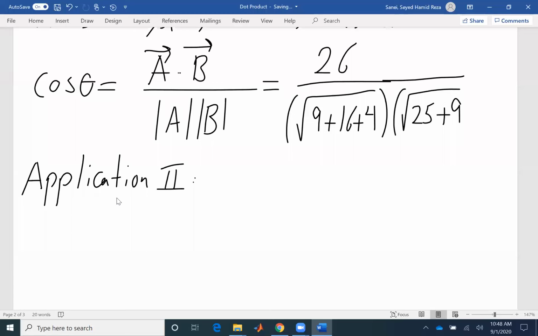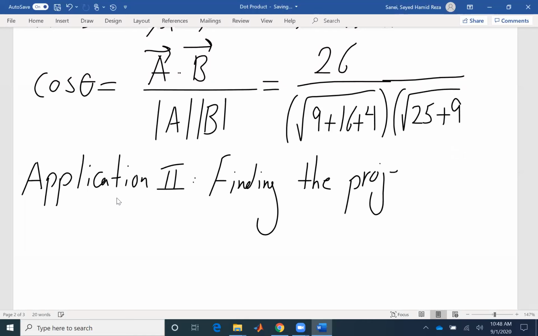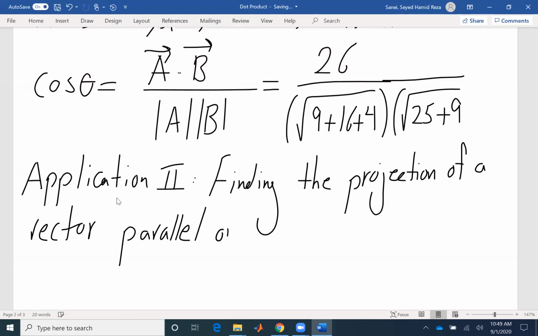So the application is as important as the operation itself. So finding the projection of a vector parallel or perpendicular to a line.